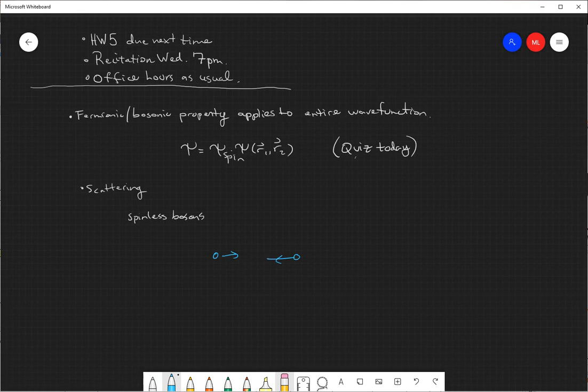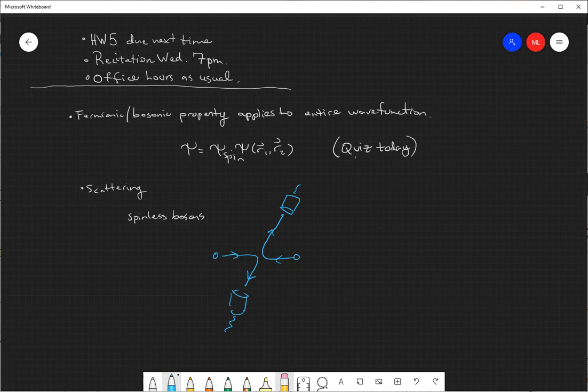So there's two kinds of processes that occur, and they're indistinguishable, meaning that they have to add constructively in terms of your quantum mechanical probability amplitude. One option is that the two particles come in and scatter this way, where this guy turns around and heads into a detector up here, and this guy turns around and heads into this detector down here.